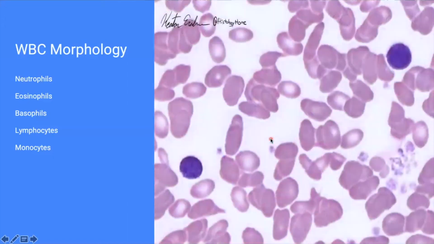All right, moving along, these 2 cells here are our next white blood cell that we'll talk about. They basically just look like floating nuclei, and that's because the nuclear architecture of these cells occupies almost the entire volume of these leukocytes. These are termed lymphocytes.